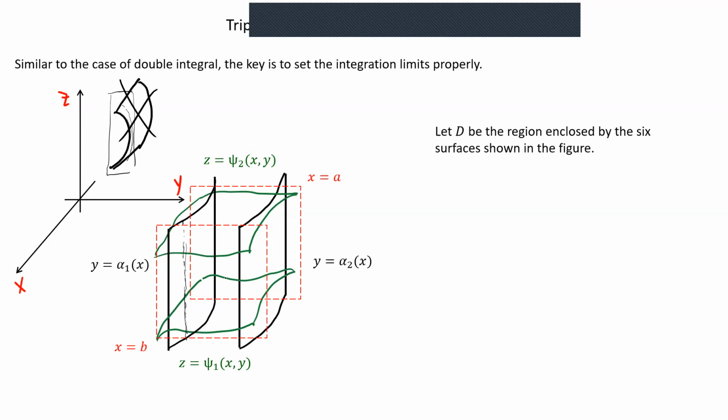So these two are the most complicated ones. They are functions of both x and y, so it can be curved in both directions. So now to find out this triple integral, we can express it like this.